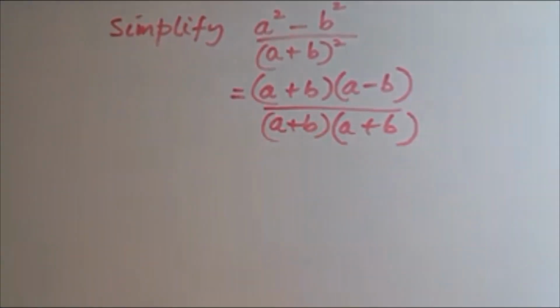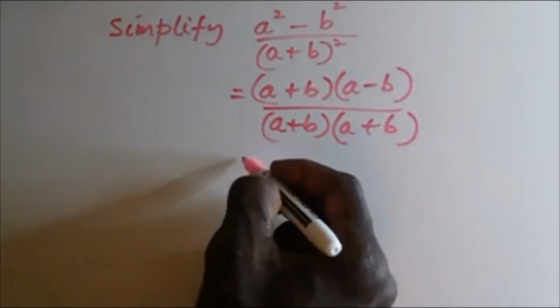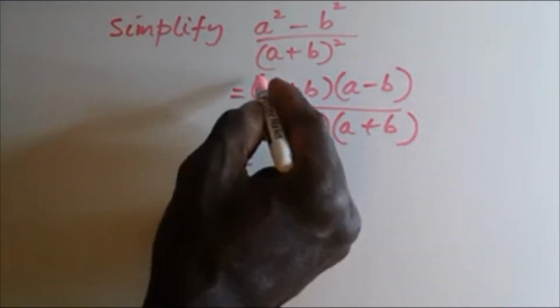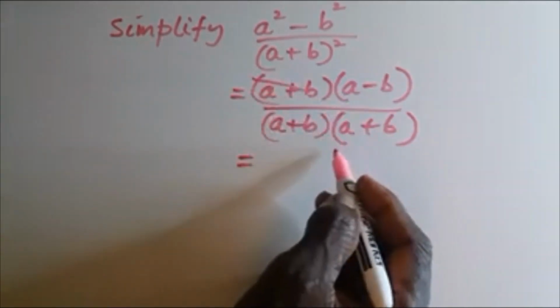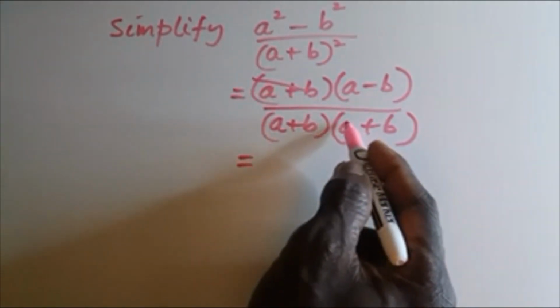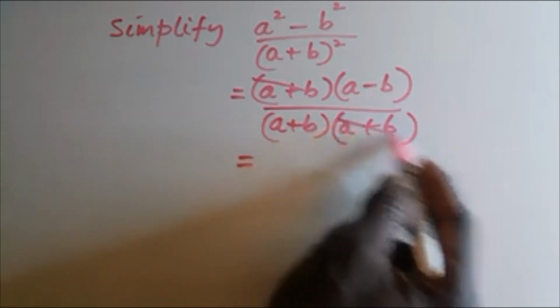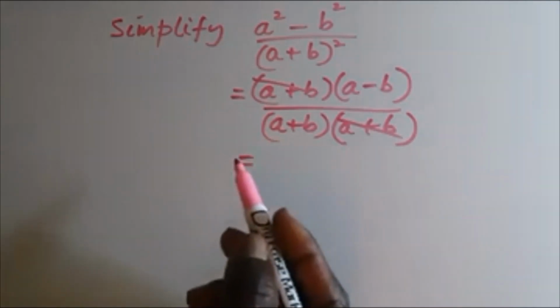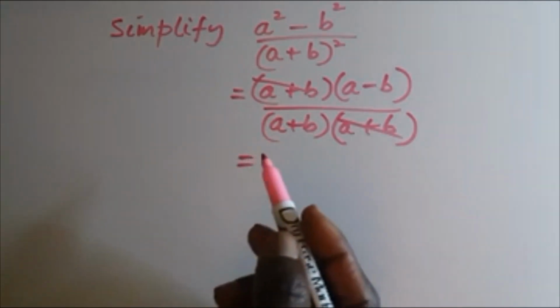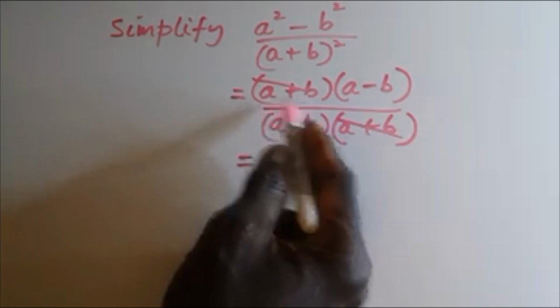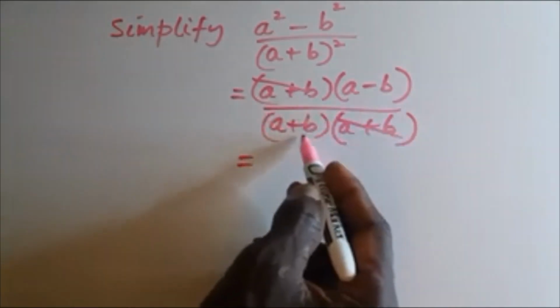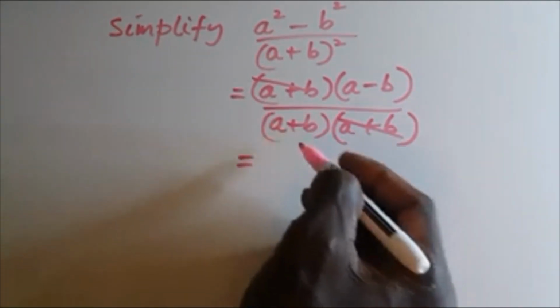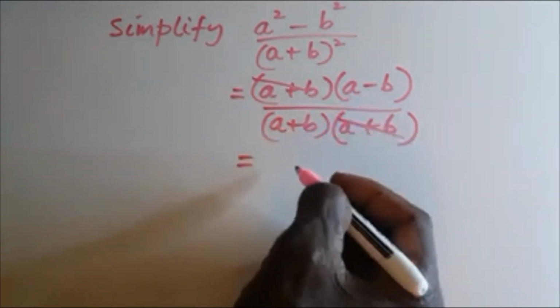And we can do this conveniently, so we can cancel something from the numerator. This term will be cancelled with one of these. Now remember, when we cancel here, we have just one of the denominators left and we have one numerator.